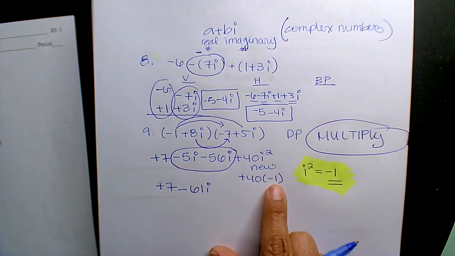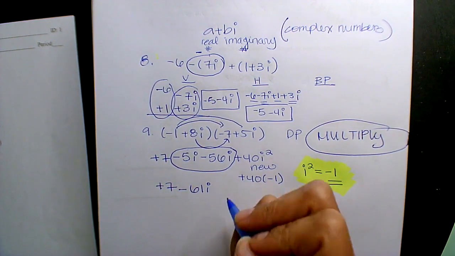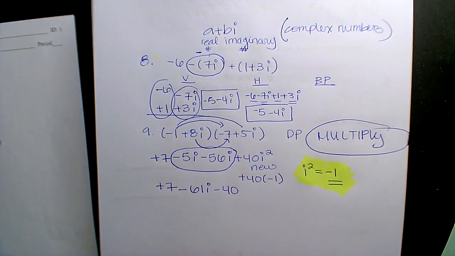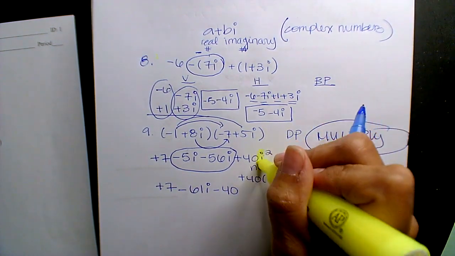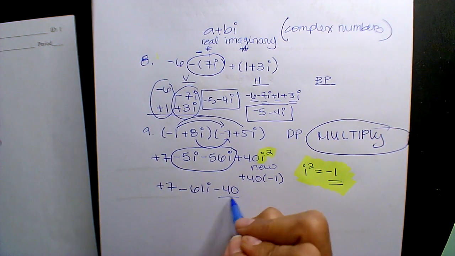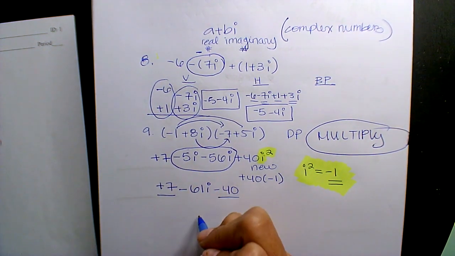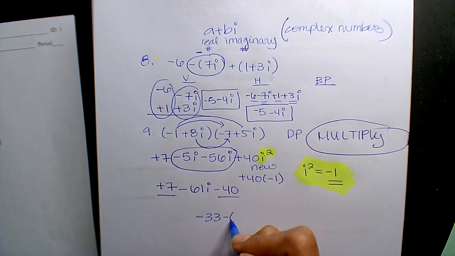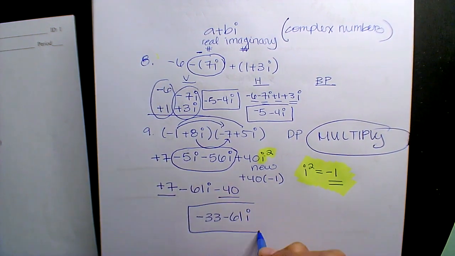So what's 40 times -1? -40, because I have to now replace that i squared with a -1. You have to. And now you're going to combine it with that 7, and so it's -33 minus 61i.